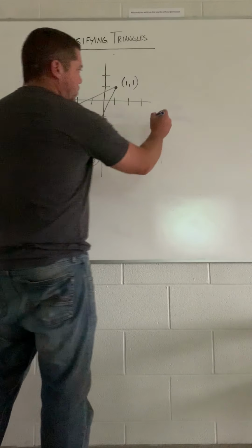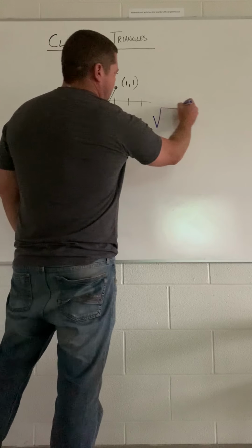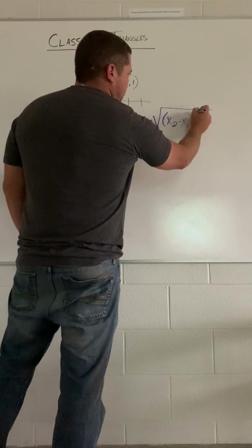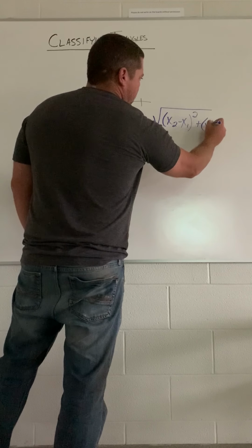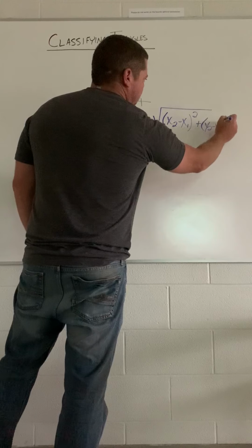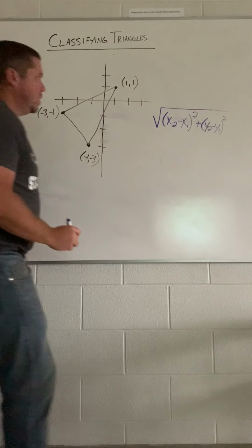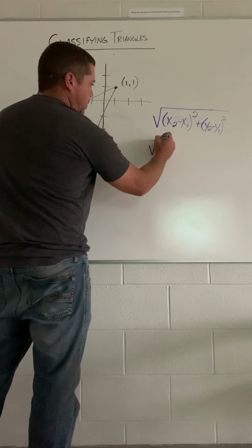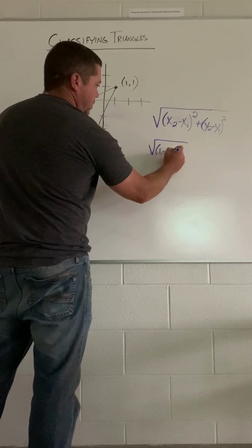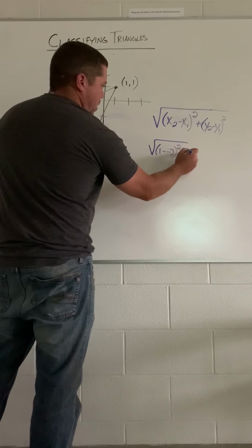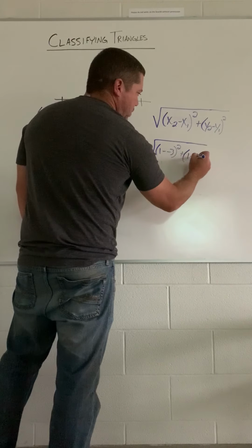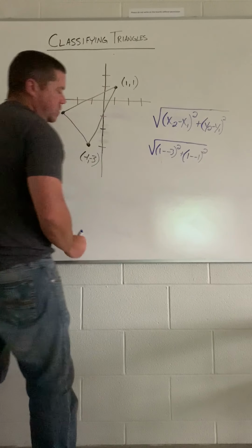Remember, to do so, we could use our distance formula, which is the square root of x2 minus x1 squared plus y2 minus y1 squared. Okay, meaning I could go in and plug these points in. So I could use 1 minus -3 squared plus 1 minus -1 squared.